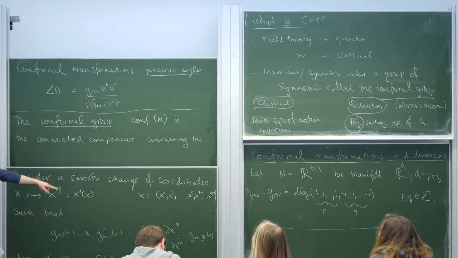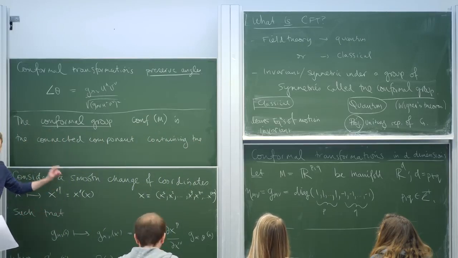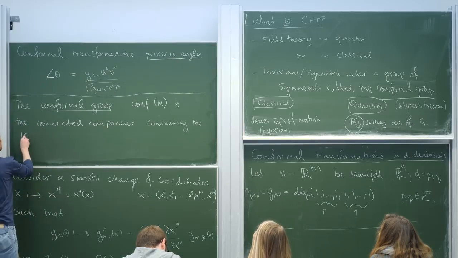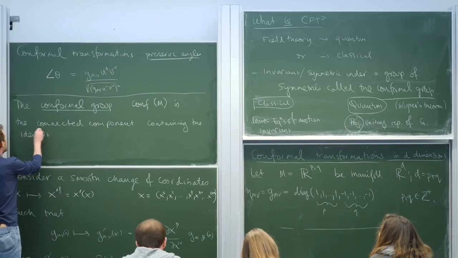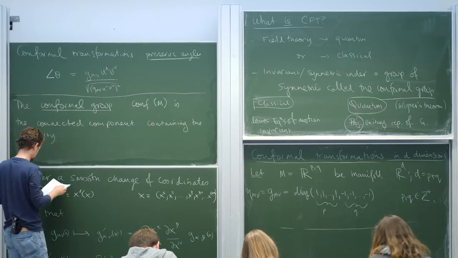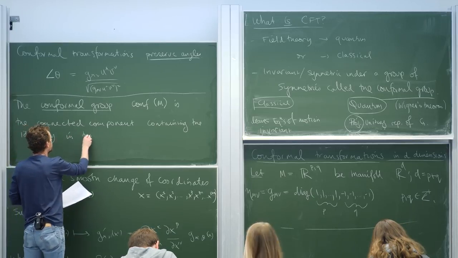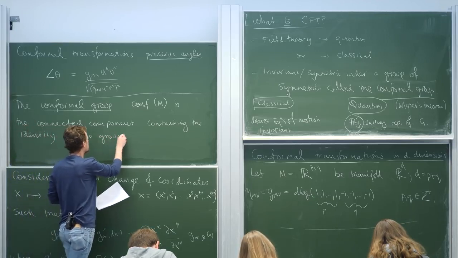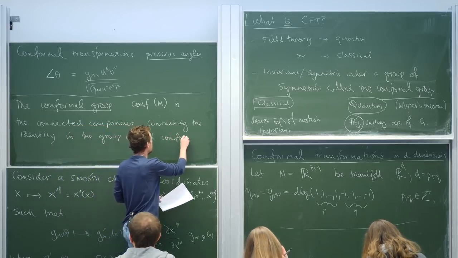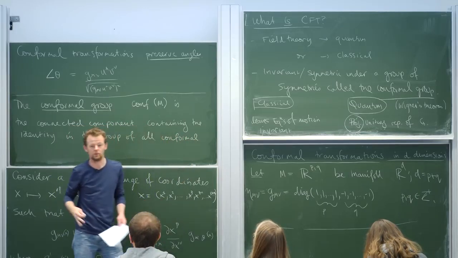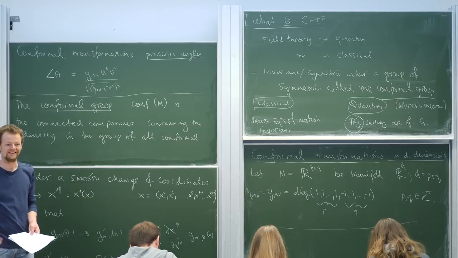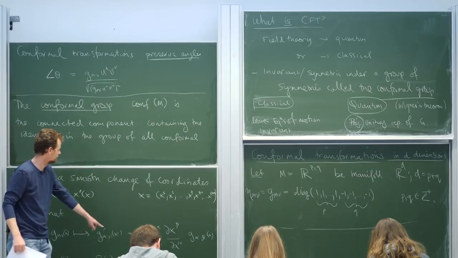If you do the identity transformation, you can see the metric is left invariant. Scale factor is 1. And it's pretty clear that the set of all conformal transformations forms a group. You compose two, you get another one. The inverse is clearly a conformal transformation.